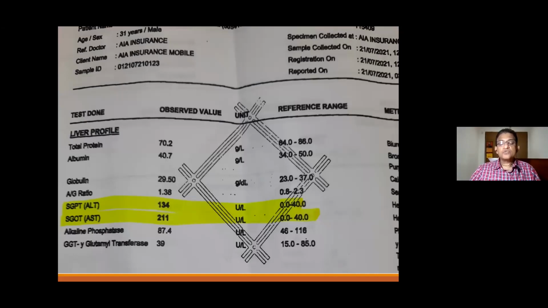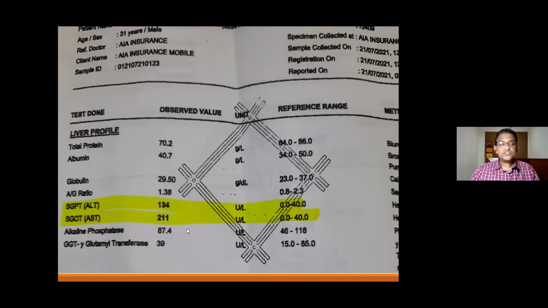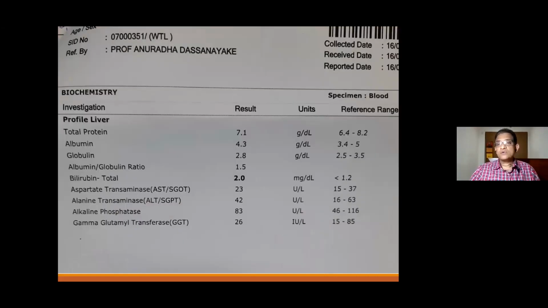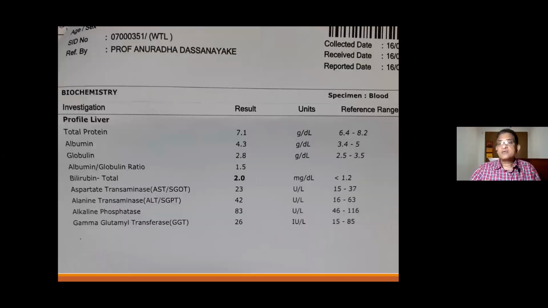Unfortunately, if we had done a CPK at this time, we could have differentiated. But when he presented to me nearly 1 month later, there was no CPK elevation. So possible causes are either a lab error or rhabdomyolysis, or muscle damage due to heavy weightlifting or heavy exercises.